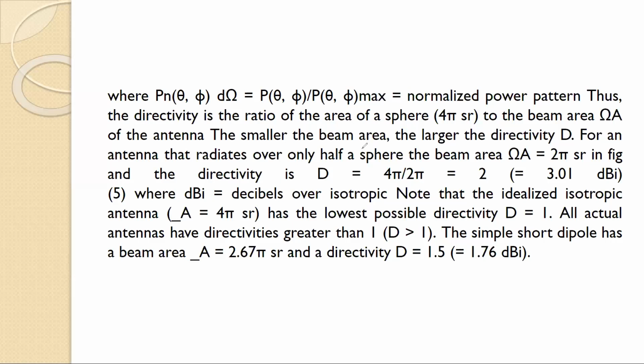Thus directivity is the ratio of the area of the sphere to the beam area, 4 pi divided by beam area. Therefore directivity may also be defined as 4 pi steradians, the area of the sphere, to the beam area. The smaller the beam area, the greater the directivity. A very key point from the denominator.